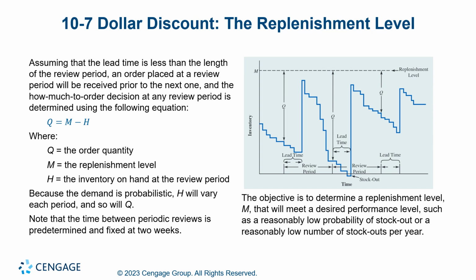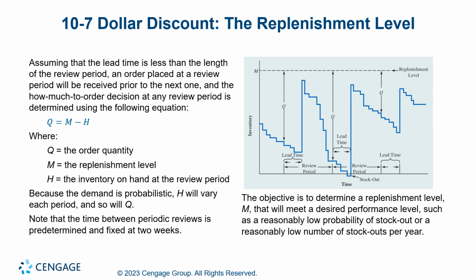For example, if the replenishment level for a particular product is 50 units and the inventory on hand at the review period is 12 units, so here H is equal to 12, then the order Q is given by M minus H, where M is 50 and H is 12, so Q is 38 units.